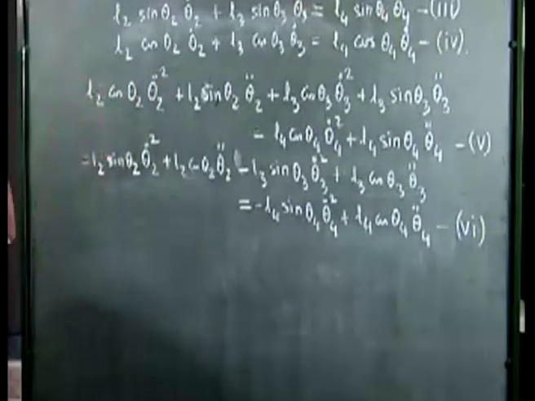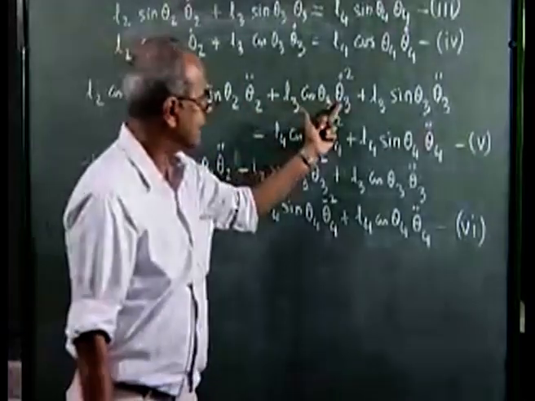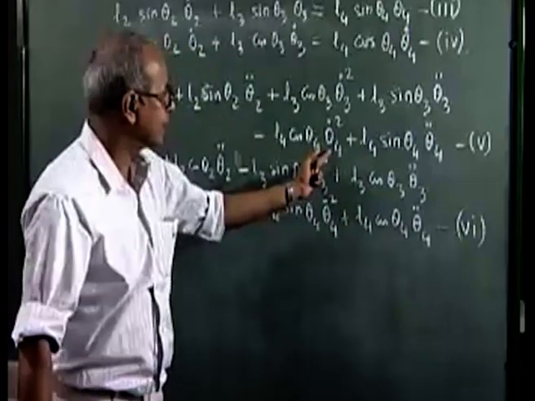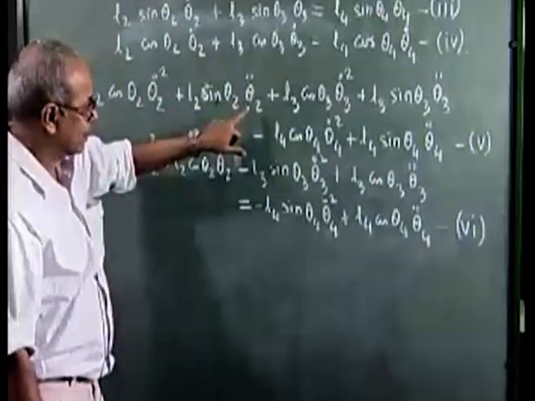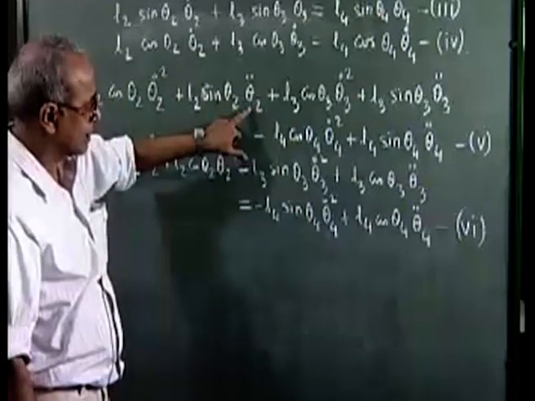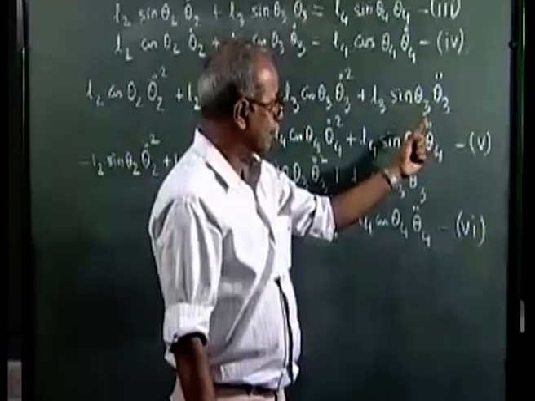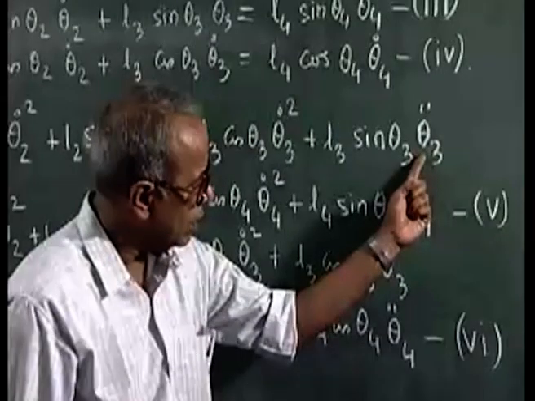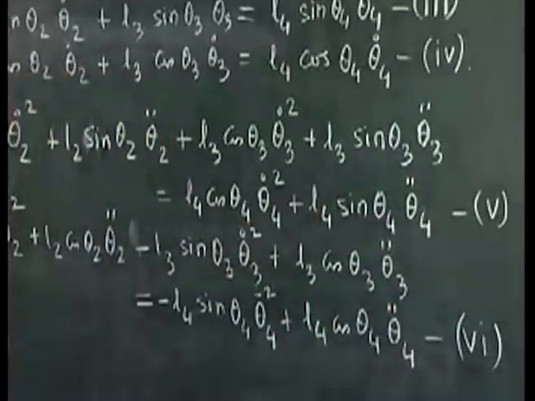Since the velocity analysis has already been completed, theta 2 dot, theta 3 dot and theta 4 dot are all known. The input angular acceleration theta 2 double dot has been prescribed, and our objective is to obtain the two unknown accelerations: theta 3 double dot, that is of the coupler, and theta 4 double dot, that is of the output link.